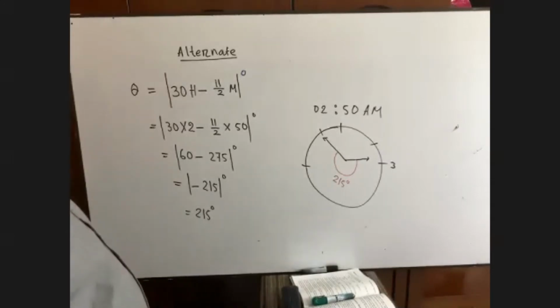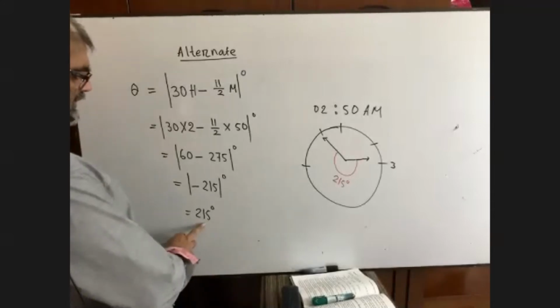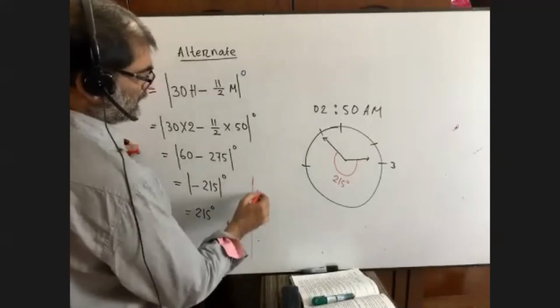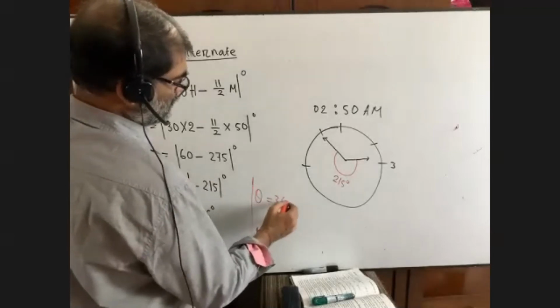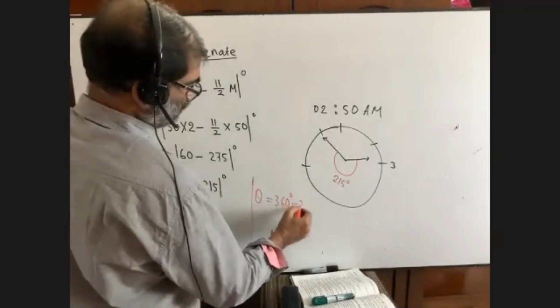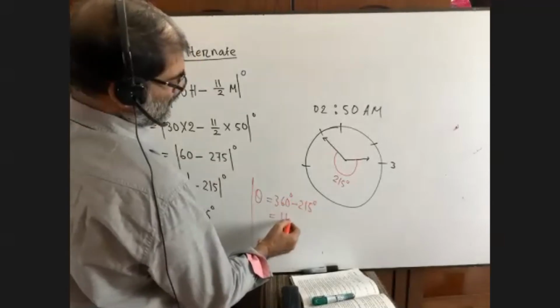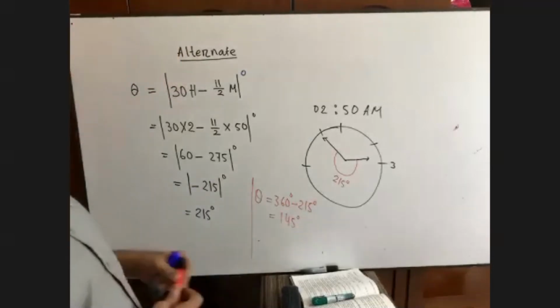What I told you, you have to determine the angle less than 180. So it is greater than 180, so your required angle will be 360 degrees minus 215 degrees equals what? 145 degrees. Any question from your side?